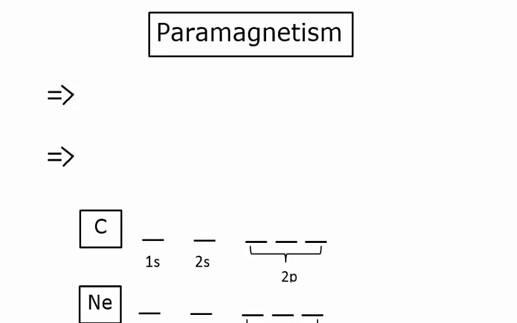Once you know how to write electron configurations for atoms, you then can determine whether they are paramagnetic or not. Paramagnetism is the effect where substances with unpaired electrons are attracted to a magnetic field.